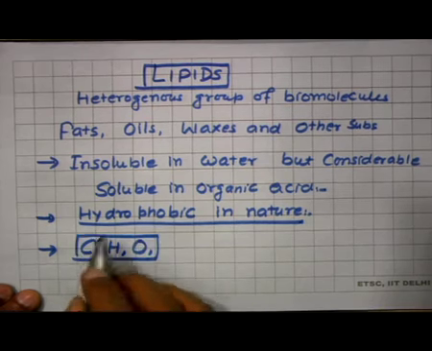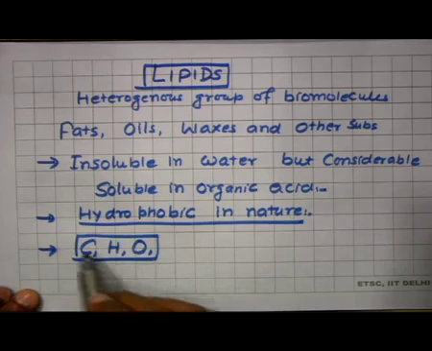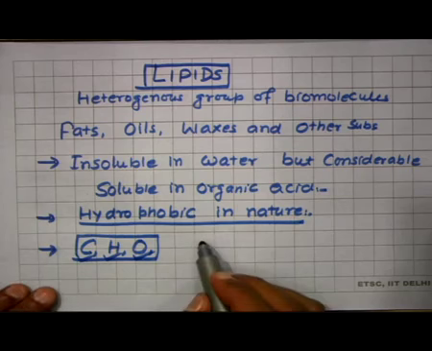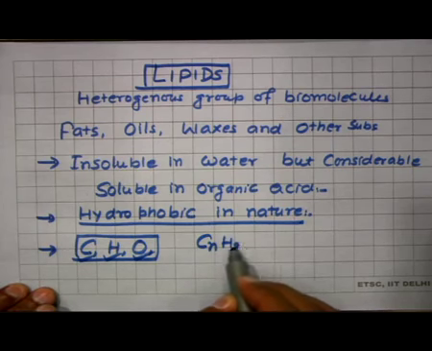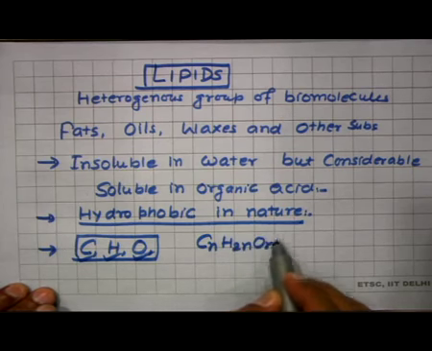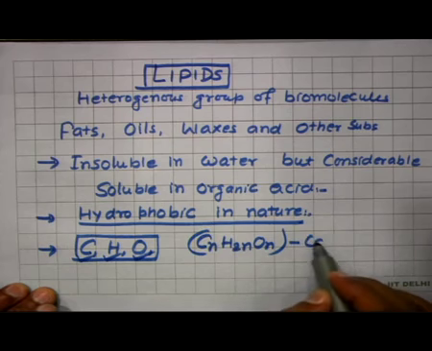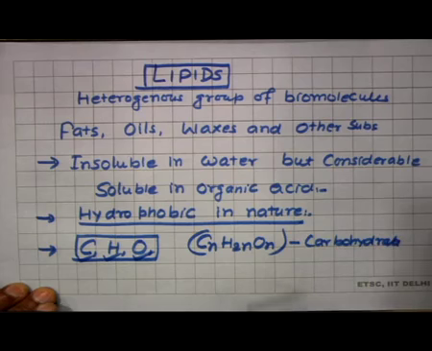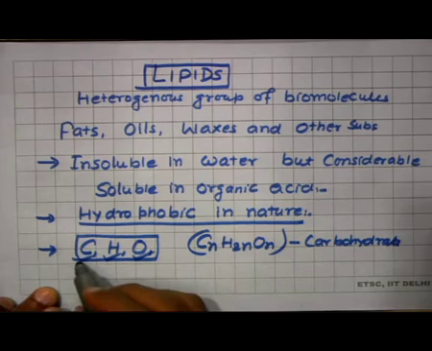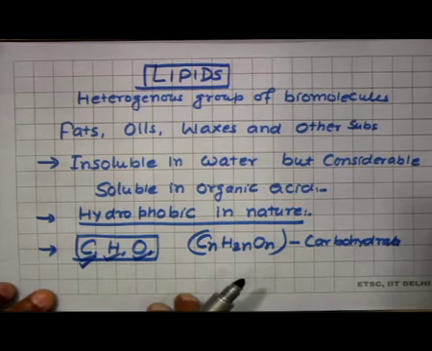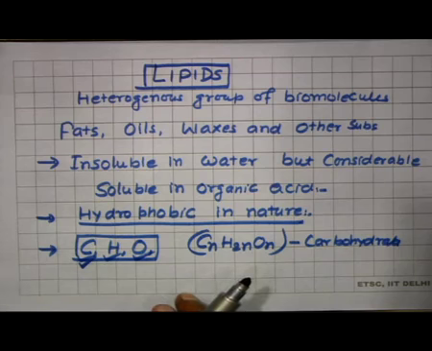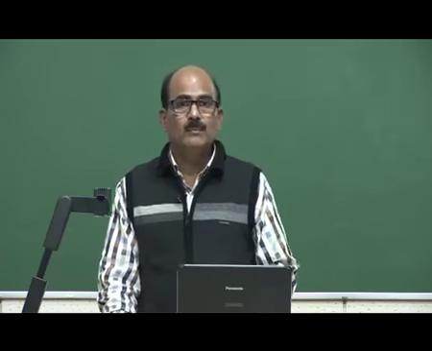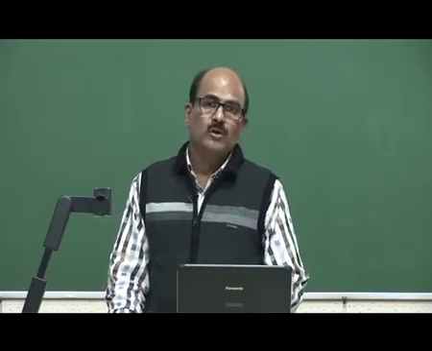But in carbohydrates, carbon, hydrogen, oxygen are present in a fixed ratio like Cn, H2n, On, as we have already discussed. In lipids, these three atoms are also present, but oxygen is in very small amount. So, the oxidation of lipid requires much more oxygen.